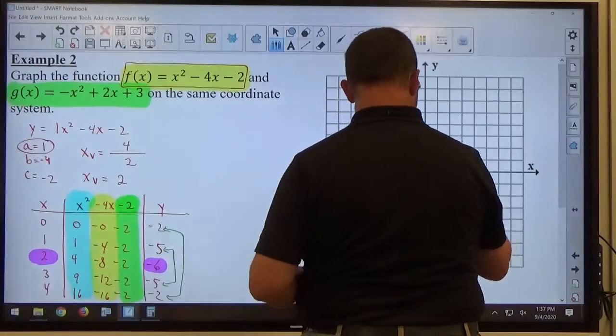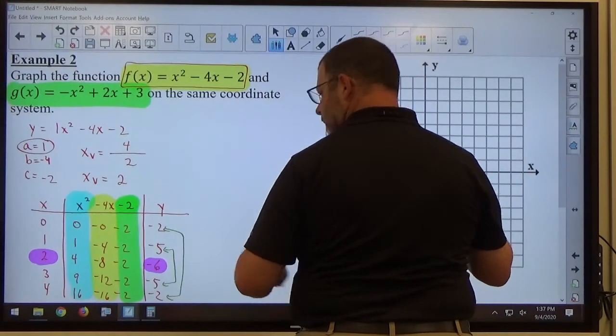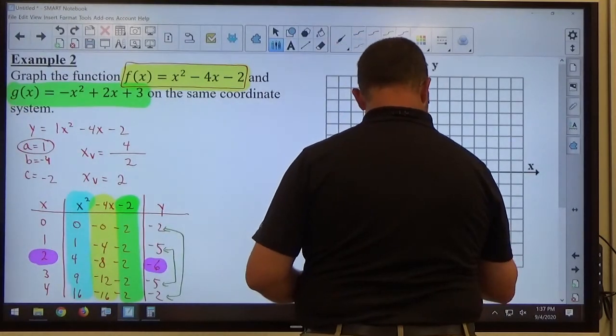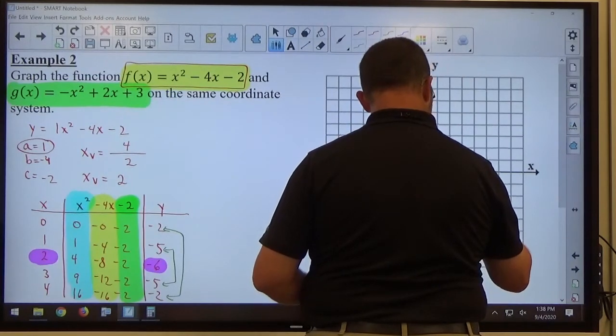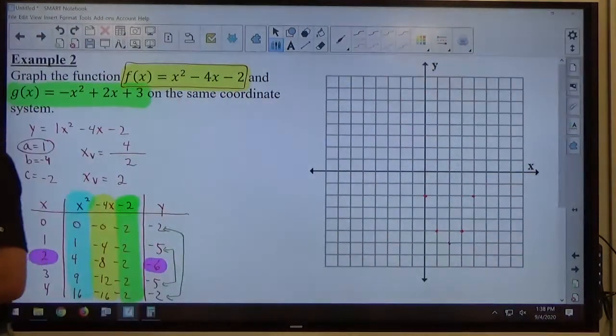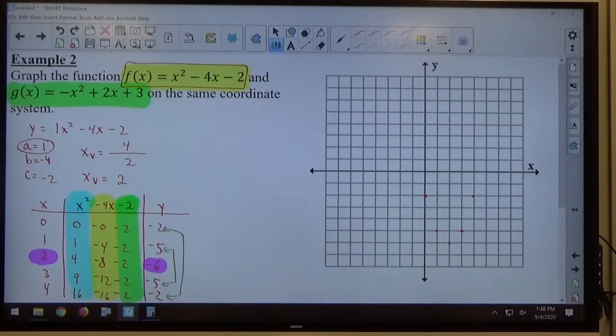I got 0, negative 2, which would be right here. And I've got 1, negative 5, and 2, negative 6, and 3, negative 5, and 4, negative 2. The 5 points I got, notice their shape on the graph has that U shape that we're expecting for a parabola, because that's what this type of equation makes.